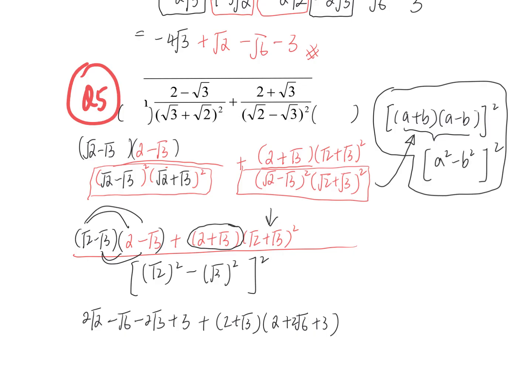Can you see that if you ignore the square, there are a plus b, a minus b, right? But you square the whole thing. So if you don't look at the square first, you just focus on the inside. So leave the square outside first, go and simplify, then you square the result.